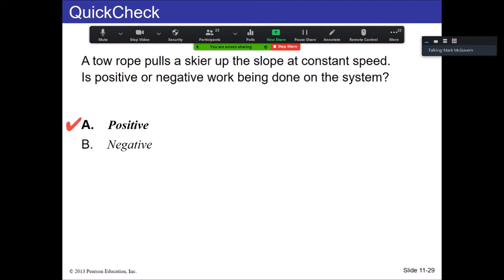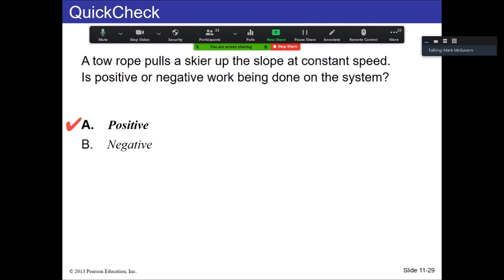Now, there is a concept and some math that you can think about. The concept is that this force is pointed up the slope.